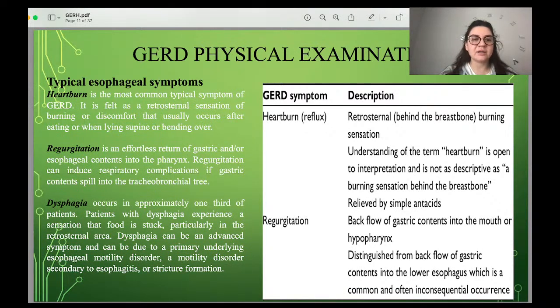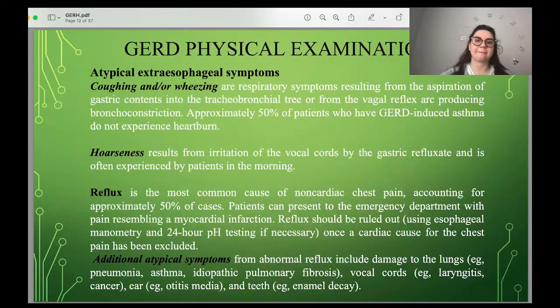Dysphagia can be an advanced symptom and can be due to primary underlying esophageal motility disorder, a motility disorder secondary to esophagitis or stricture formation. And here you see a table with description of the heartburn, the reflux and regurgitation, what the difference between them.